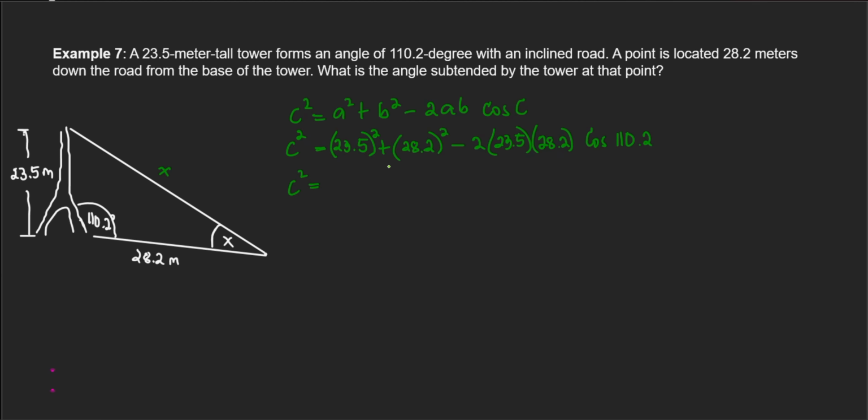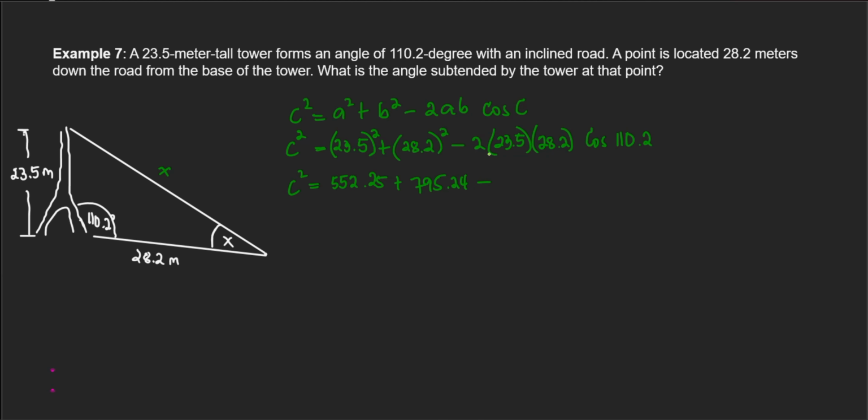So if we have 23.5 squared, that is we have 552.25 plus 28.2 squared, that is 795.24.